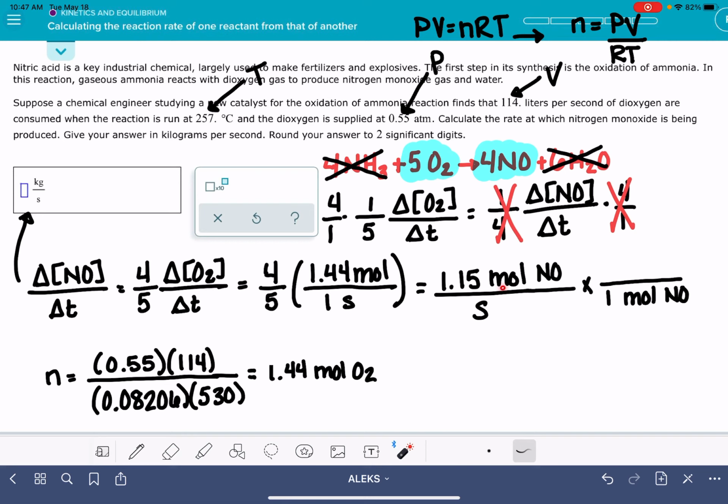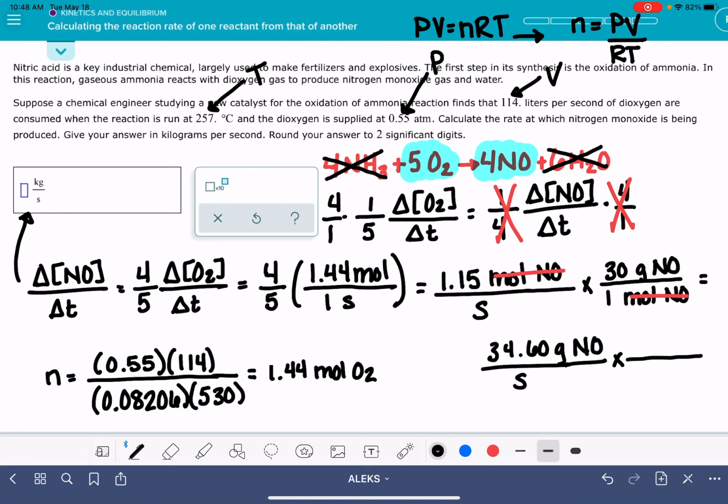So when we do this conversion, we're just going to be paying attention to what the molecular formula is here. 1 mole of NO is 30 grams, 14 for the nitrogen and 16 for the oxygen. 30 grams of NO. That lets our mole units cancel, and that's going to give us 34.60 grams per second of NO. And then we're going to do a gram to kilogram conversion. 1,000 grams is 1 kilogram.